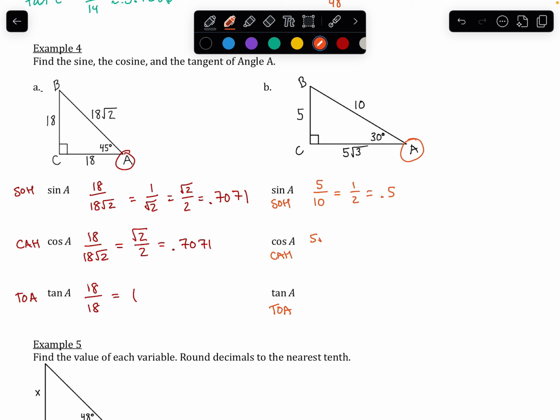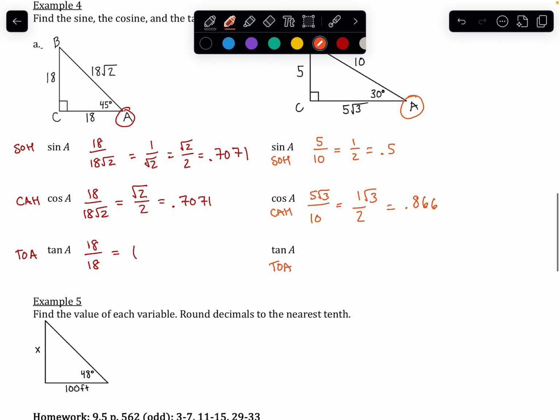So 5 square root of 3, which is my adjacent, over hypotenuse of 10 equals square root 3 over 2. I put that in the calculator, I get 0.8660. So I'm going to leave it there.